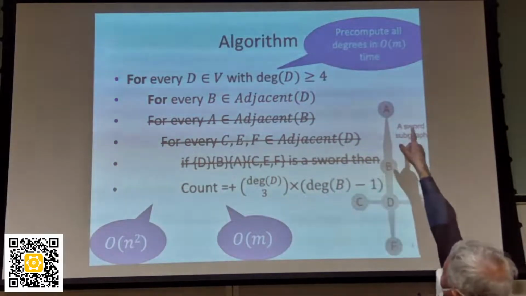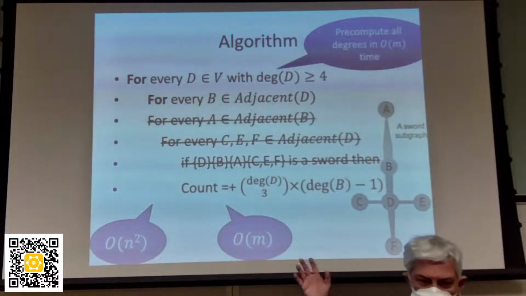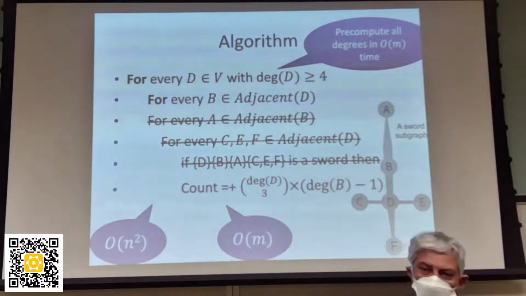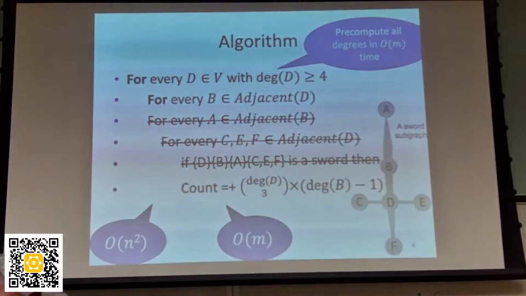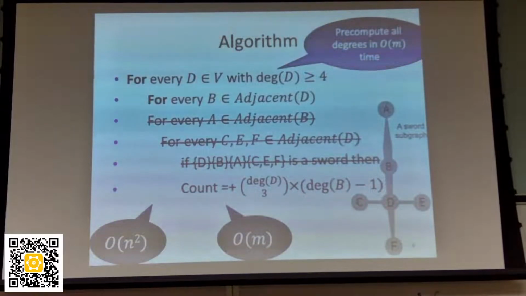And in order to pre-compute the degrees, again, that can be done in big O of m time. And fortunately, you're told that the number of edges is also at most 100,000. And that's why I was saying that's a critical constraint. Without that, you're dead meat. It's going to take way too long.